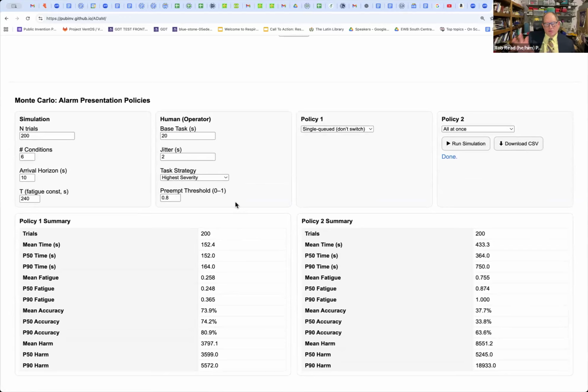The policy is what the machine does, and a strategy is a simulation of what a human would do. So what we've done here is measure harm in terms of how long an alarm condition exists which is not responded to. And in some circumstances, we can see quite a large difference in the amount of harm based on the policy that the machine implements. Cyteron did all of that.